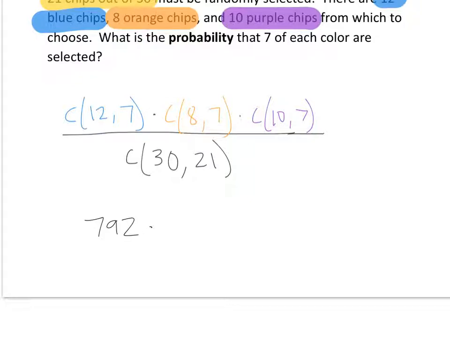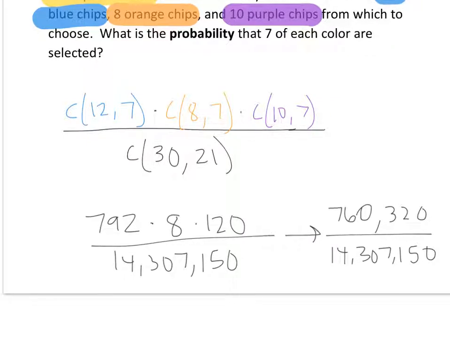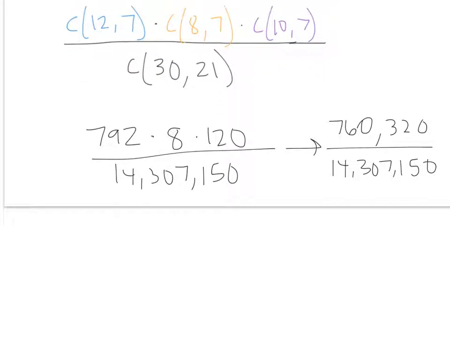And the combination of 8 choose 7 is 8, times the combination of 10 choose 7, which is 120, all over the combination of 30 choose 21, which is 14,307,150. And this here then would be 760,320 all over 14,307,150.